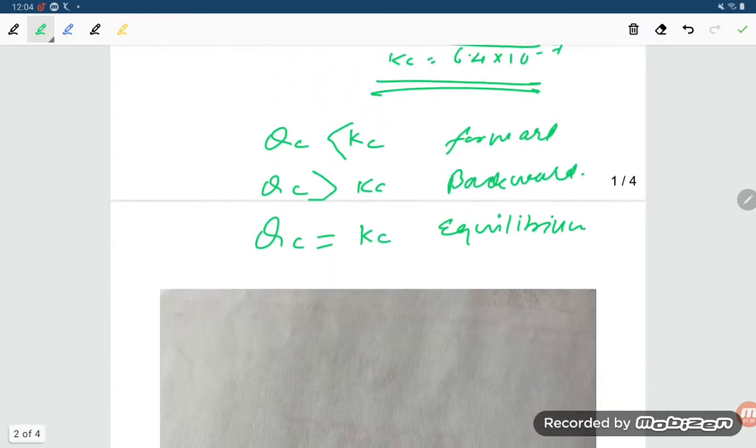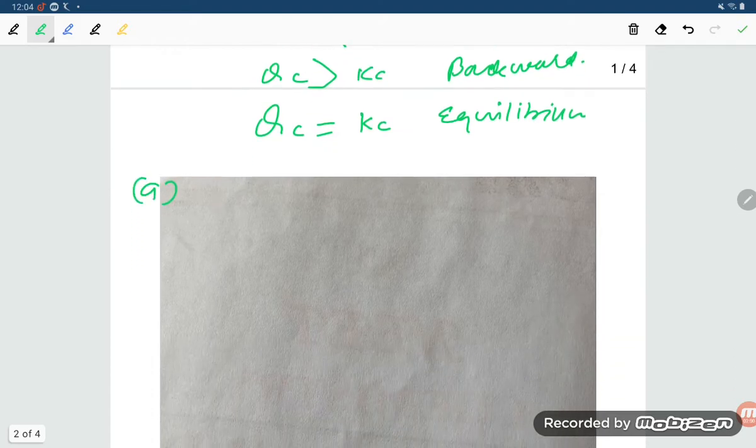So for part A, I am solving for Qc. Already we wrote that Qc is equal to CO power 2 times O2, divided by CO2 power 2.